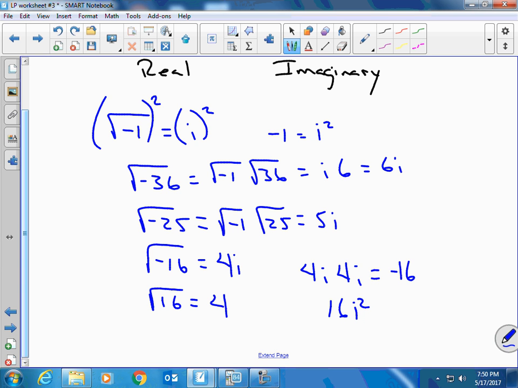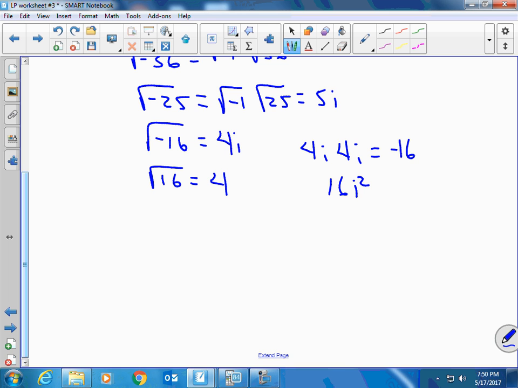So from the definition of i, using appropriate mathematical steps, I'm allowed to do the same thing to both sides. I'm allowed to square both sides and keep the equality true. i squared must be negative 1. So I come back down to here, and now I have 16 times negative 1 really is negative 16.